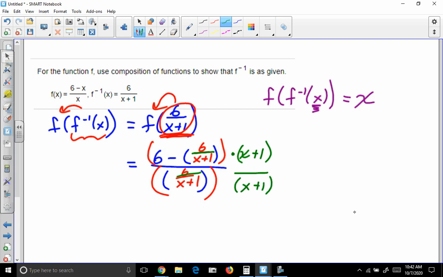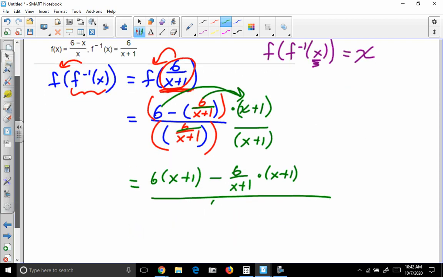So this might be some algebra that you haven't done in a while. We're going to do the first term times x plus 1, and then the second term times x plus 1. And then the bottom, we're going to do the bottom times x plus 1. And notice by doing that, this x plus 1 on the bottom and that x plus 1 cancel.